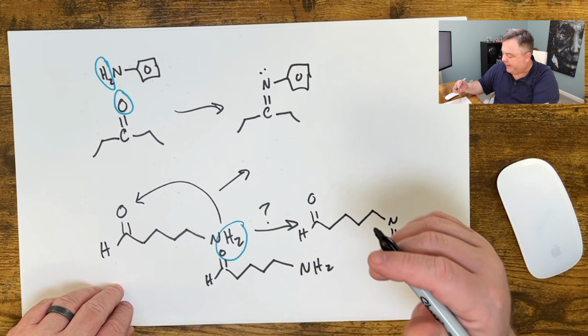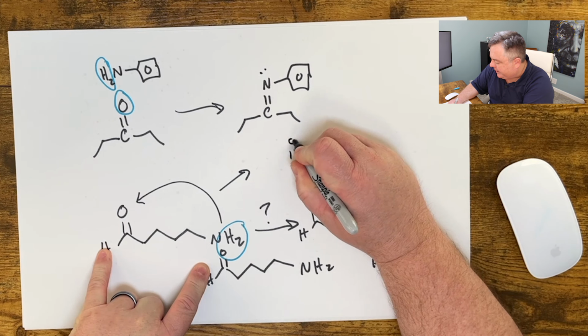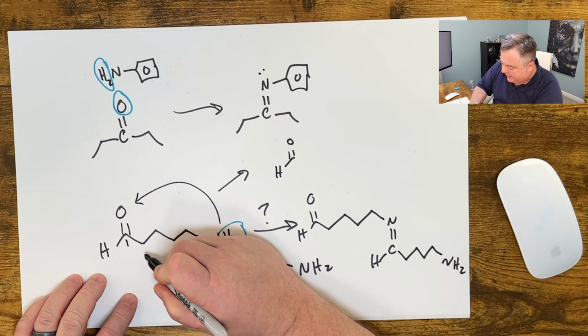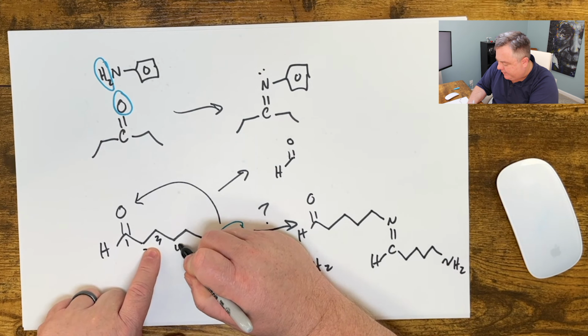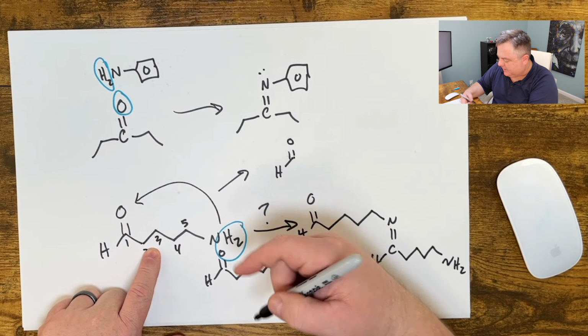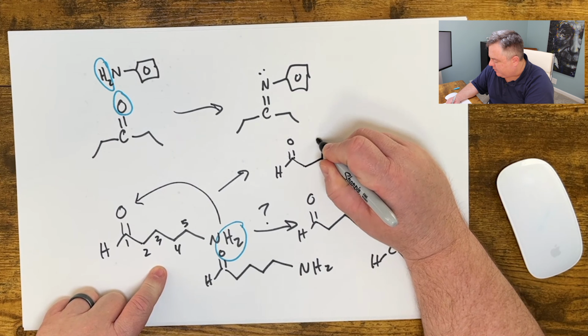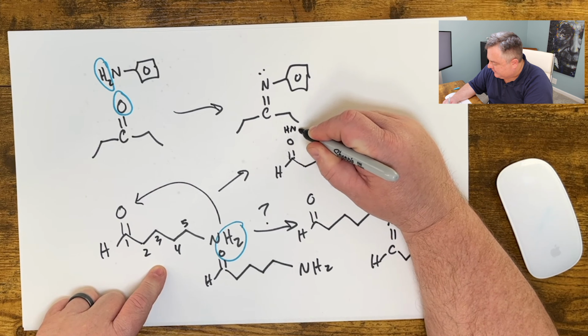So let's see what that would make. Let me redraw that. So here's my carbonyl, my hydrogen, and I'm going to label and count how many of these I have. I have 1, 2, 3, 4, 5 carbon atoms, and then my nitrogen is attached.